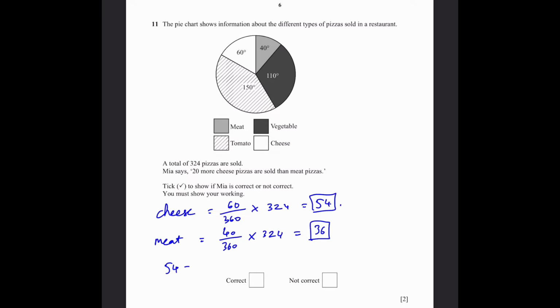And 54 minus 36 is equal to 18. And that means 18 more pizzas are sold in cheese than in meat. And it's not equal to 20. So Nia is not correct, since she says that there's 20 more pizzas in cheese. Anyway, that's our answer.